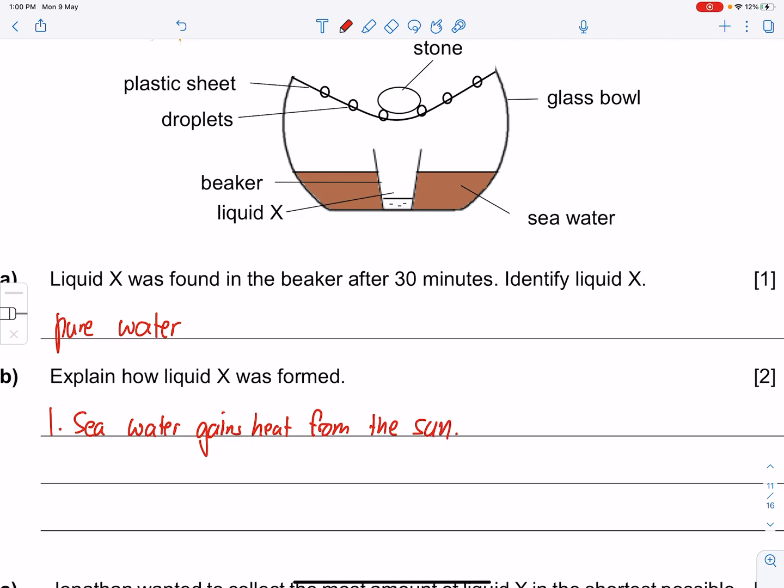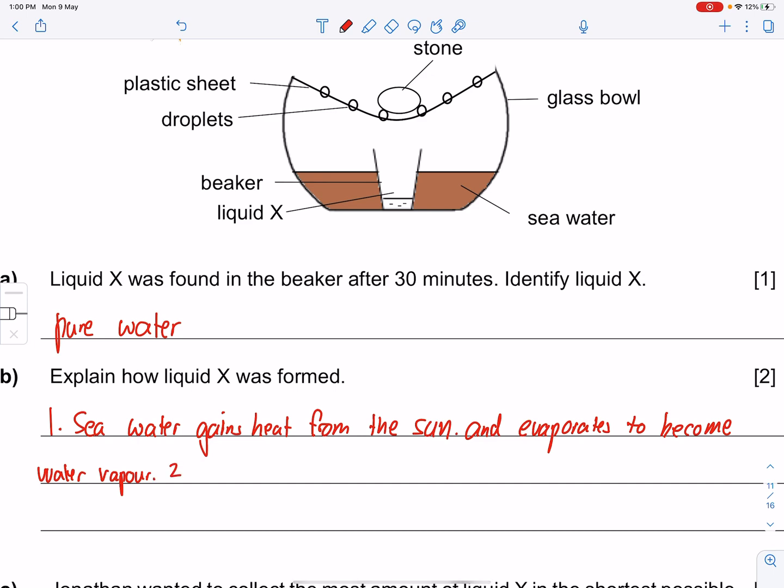I know some of you will probably ask, do I need to say water in the seawater? No need, it's understood. And evaporates to become water vapor.